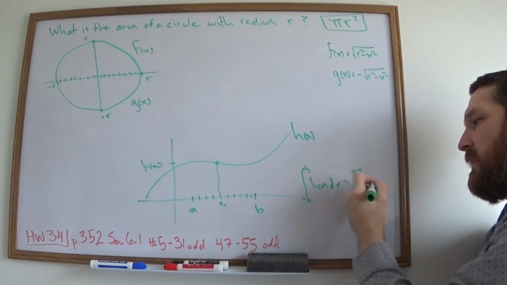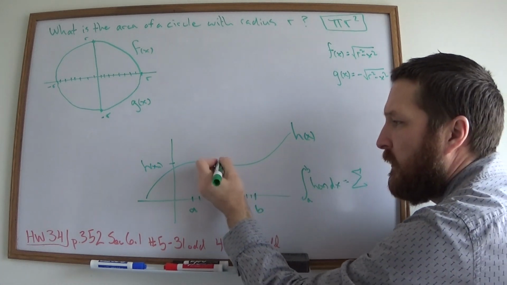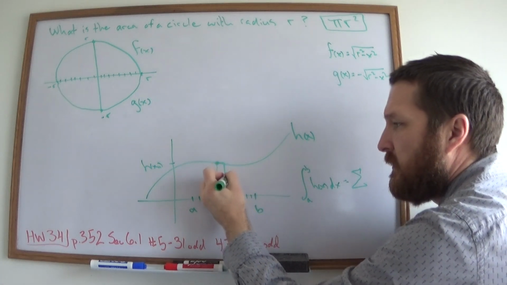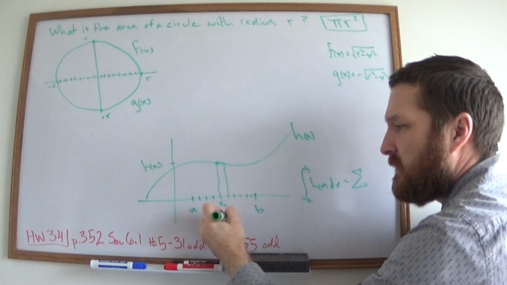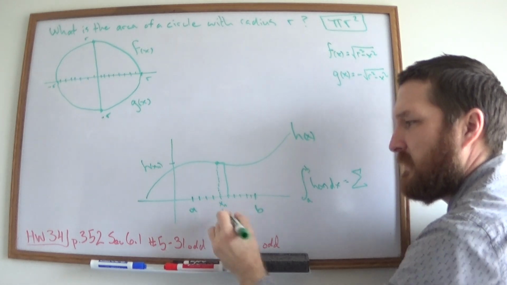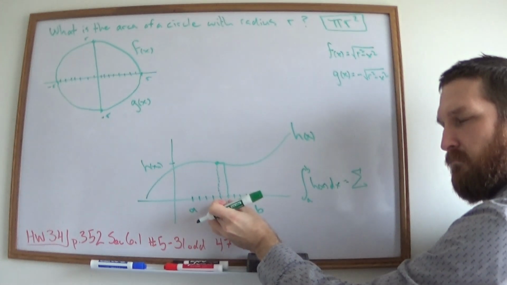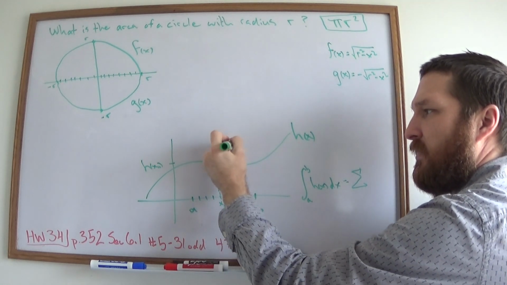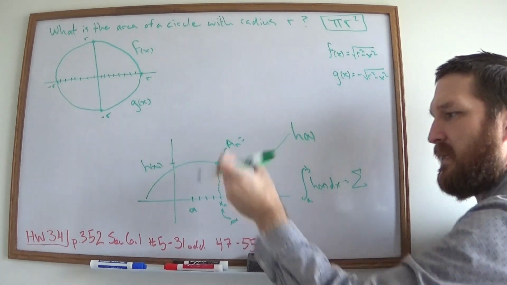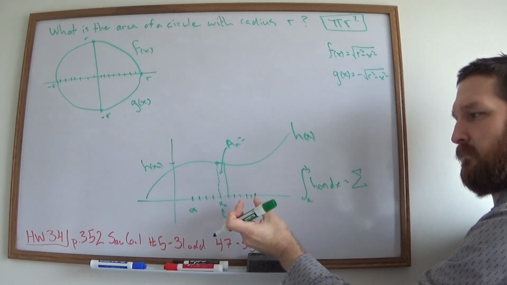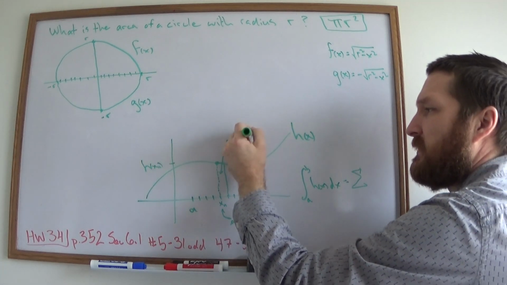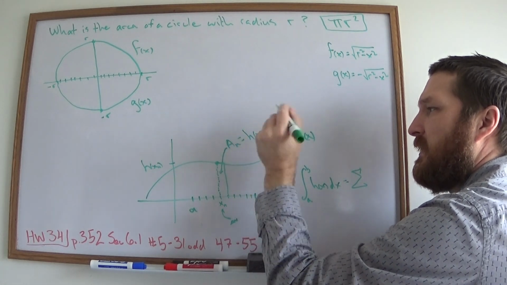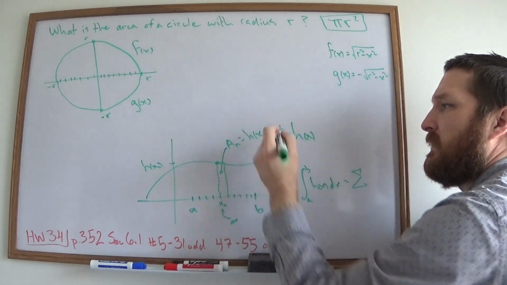And as we're doing our sum, each one of these depends on what delta x is, right? Delta x is the distance between here. Then the nth area is the height times the base, right? Yes. And so the height was given by h of x_n times the base, which is always delta x.